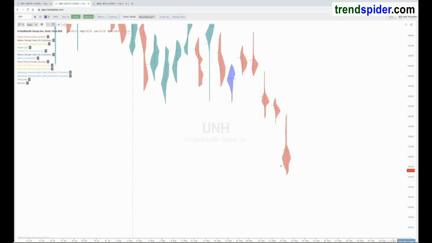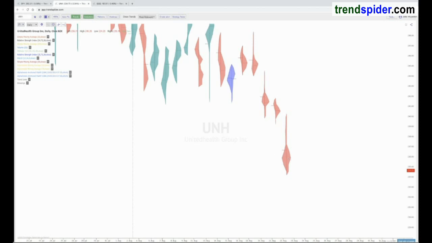You can see a lot of this volume is aggregating at the bottom of the price area, showing: is this possibly sellers just coming in and picking up on selling pressure, or did the price drop on low volume? And is this buyers coming in and starting to aggregate and accumulate down here? So there's a few different ways to look at this.